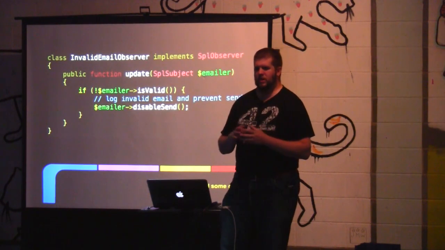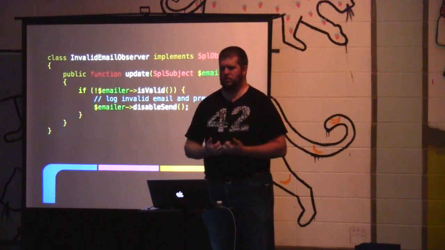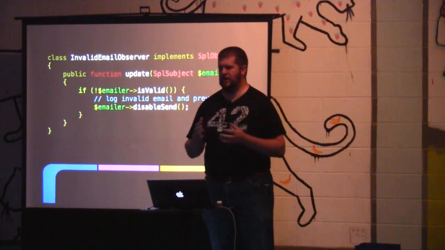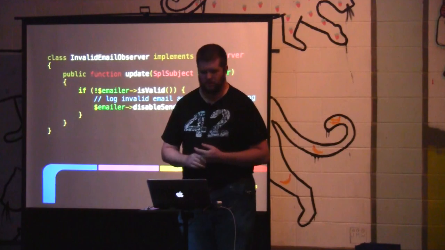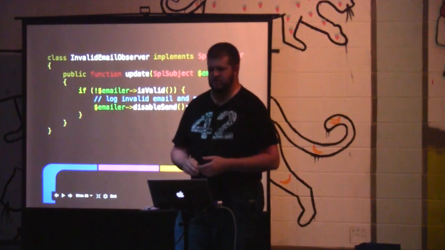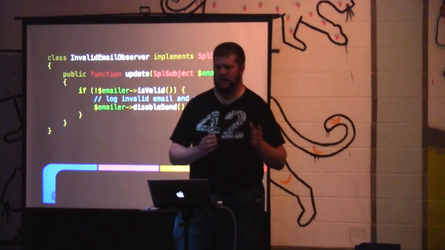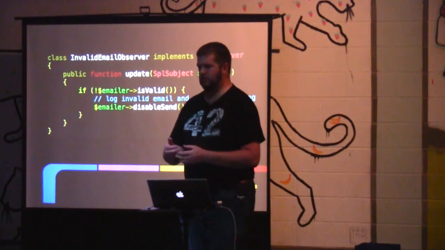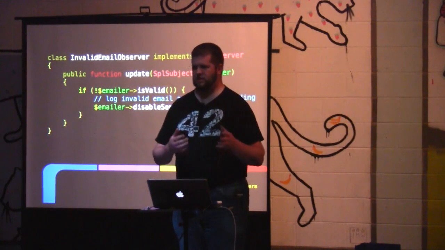We can implement all of that in an observer pattern, completely decoupled from the class that we're doing, and enhance the capabilities of our email class without having to mess with the email class. So if it determines that the email validation failed, it's going to tell it, hey, don't send this email. Following through in the send, we would presumably say, hey, are we enabled to send or not? And if we're not, don't send. Go on to the next one.